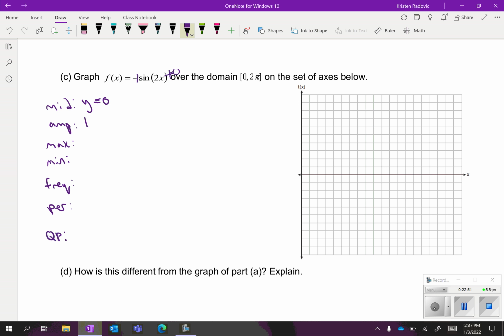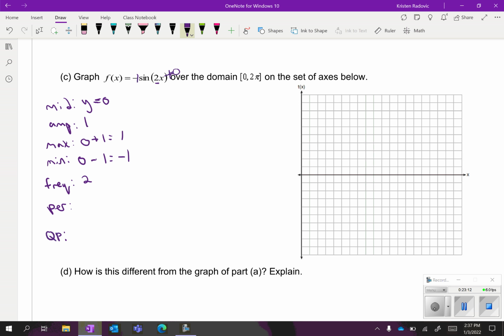If you are starting at 0 and you are going up by 1, that means your maximum is going to be 1. On the flip side, if you're starting at 0 and you're going down by 1, your minimum is going to be -1. Your frequency is found in front of the variable, which would be 2.